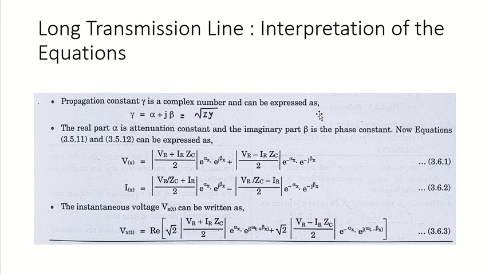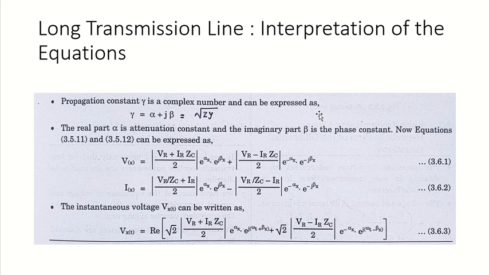In the same way we can write the formula for Ix. It will be Vr divided by Zc plus Ir divided by 2 into e raised to alpha x into e raised to j beta x, minus Vr divided by Zc minus Ir, this time divided by 2, into e raised to minus alpha x into e raised to minus j beta x, right?